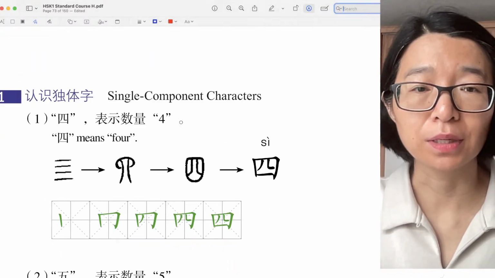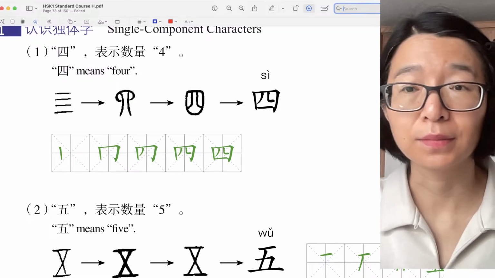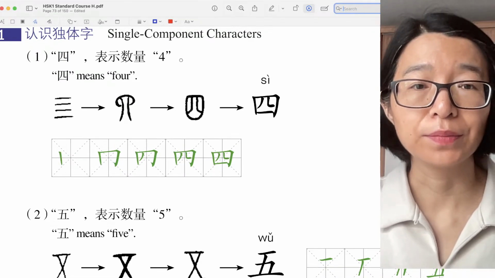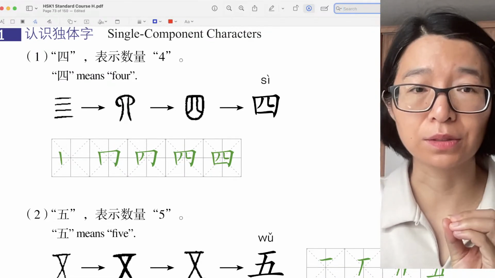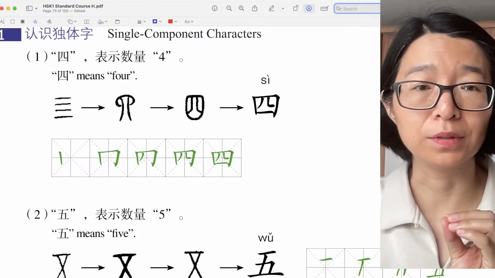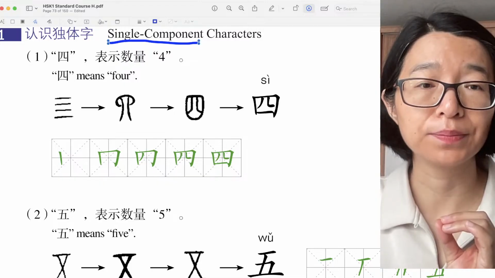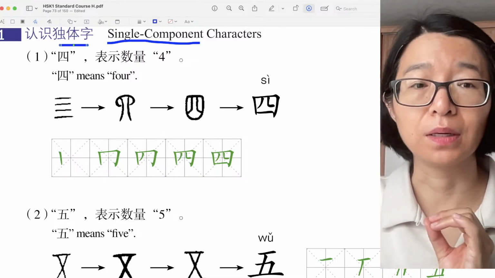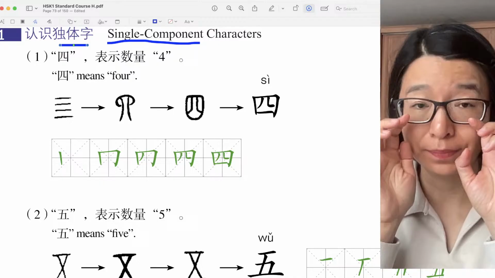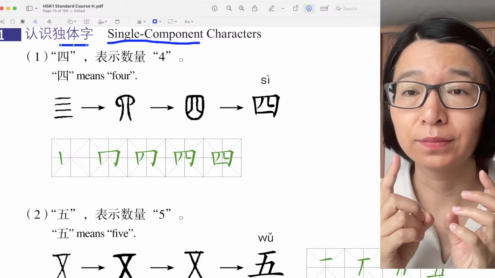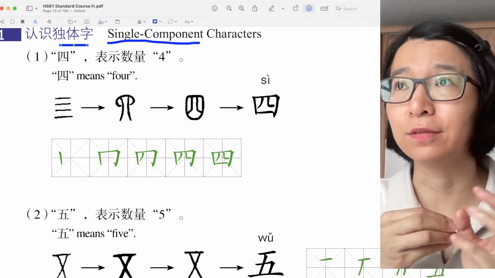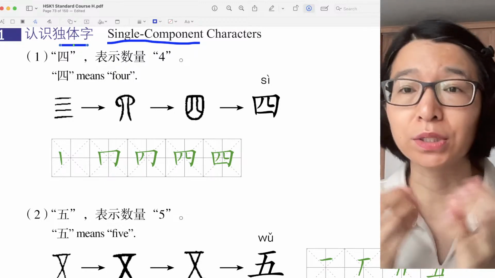For this part, you can see characters of this type, single component characters, 独体字, which means the character itself doesn't have a complicated structure.